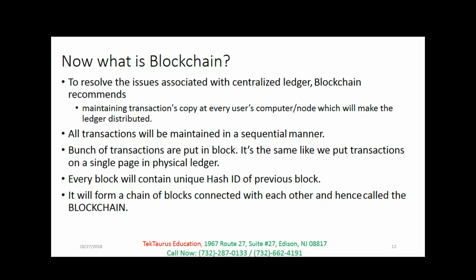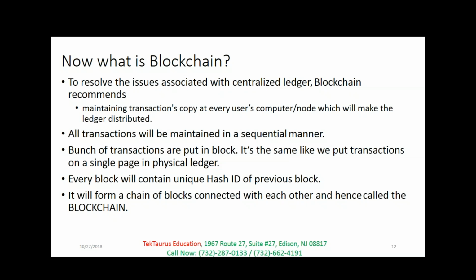We put around 50, 60 or 100 transactions in a block, and each block is given a hash ID that is unique across the network. Then it forms a chain of blocks, where each block is connected to another block.